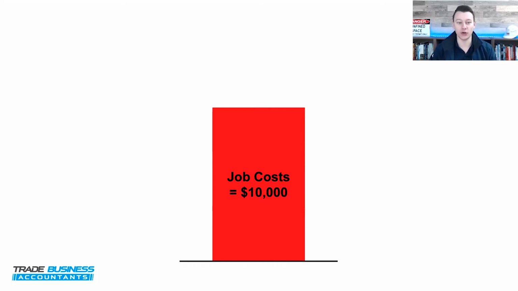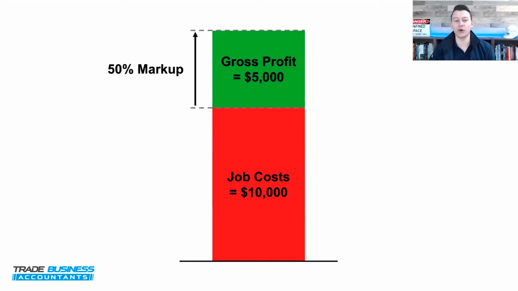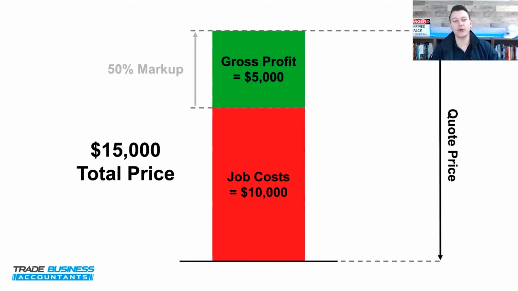Now, if you were to mark up these job costs by 50%, that would mean that your gross profit on this job would come to $5,000, because $10,000 times 50% equals $5,000. And so that 50% markup makes the total quote, or the final sales price of your job, $15,000. So $10,000 in cost and $5,000 in gross profit from our 50% markup.